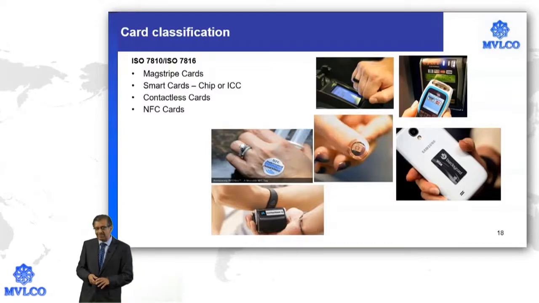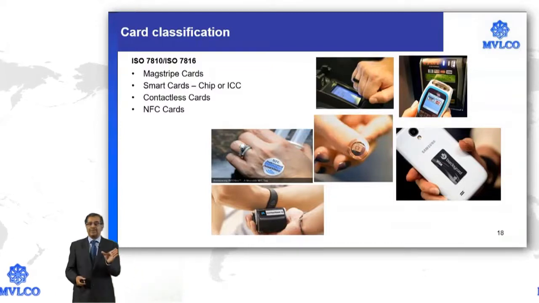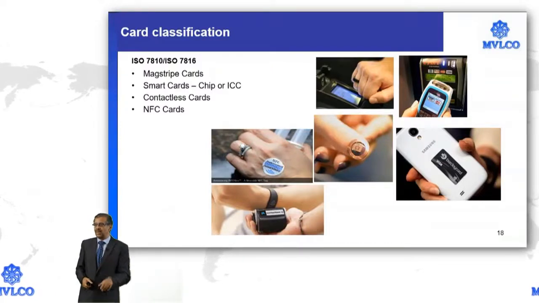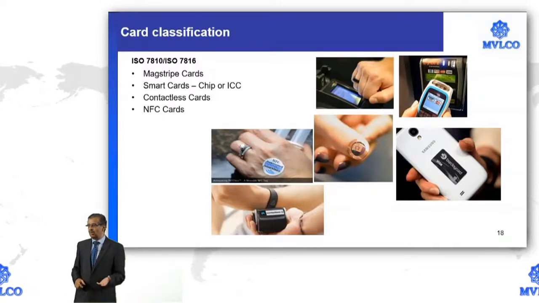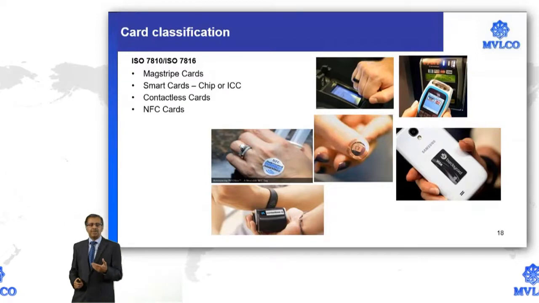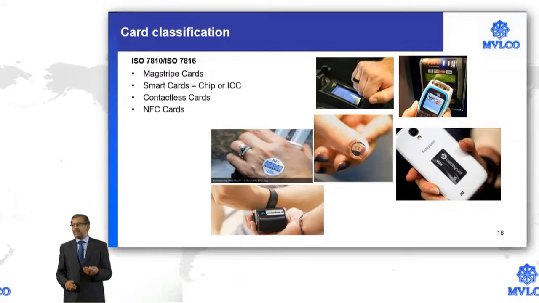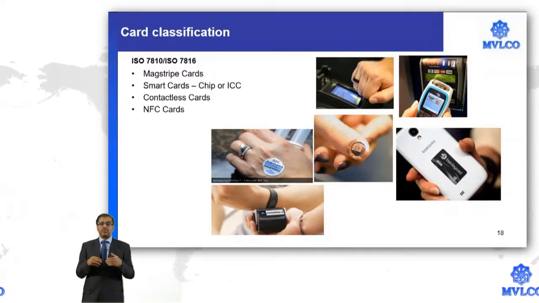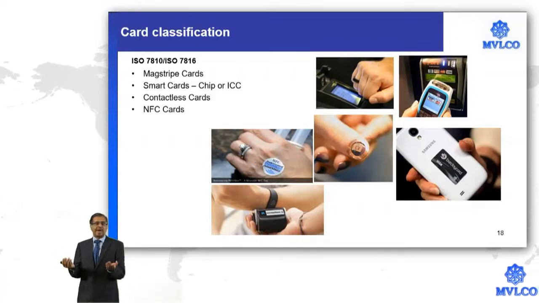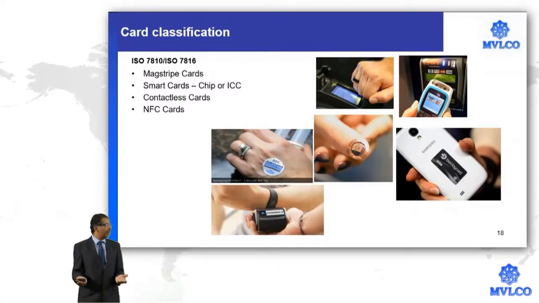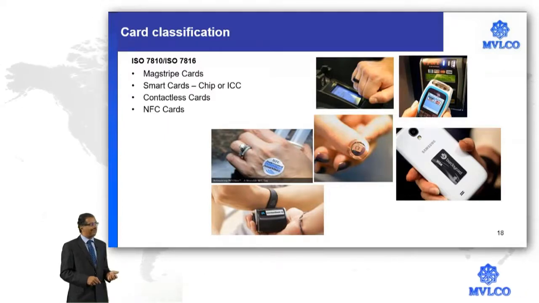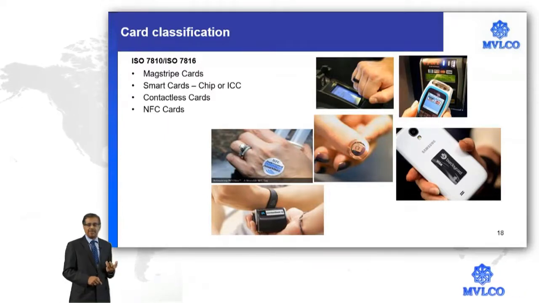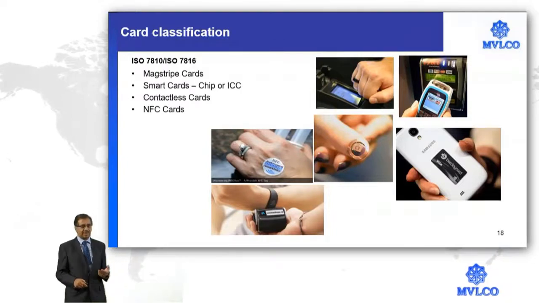In the NFC cards, near field communication cards, I don't need to have that plastic form. What I need to have is either a chip or only the application would also do. Actually, what your chip has is nothing but the payment application. So if I load this payment application on any device, any chip, it is still going to act like your card. So I could have somebody having a chip or the application in a mobile phone, like this Apple Pay example or your Google Pay or Samsung Pay.